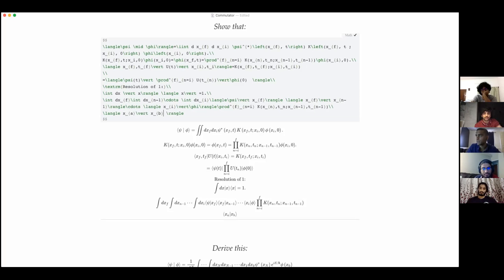So what do I mean by delta functions? I mean that this is delta(x_a minus x_b). So that's the sense in which position eigenstates are orthogonal.